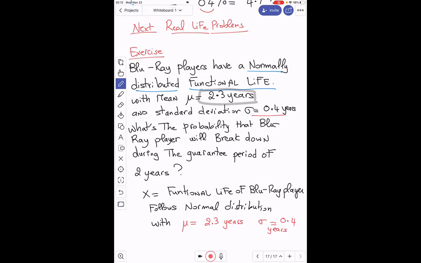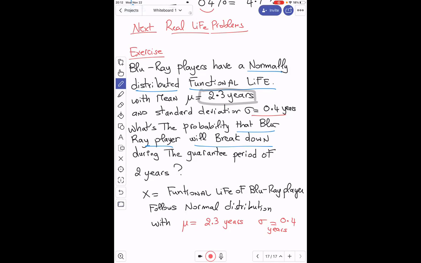So we are looking for the probability that the Blu-ray player will break down during the guarantee period of 2 years. Okay, so we want the probability that the functional life of the Blu-ray player is less than 2 years, right?